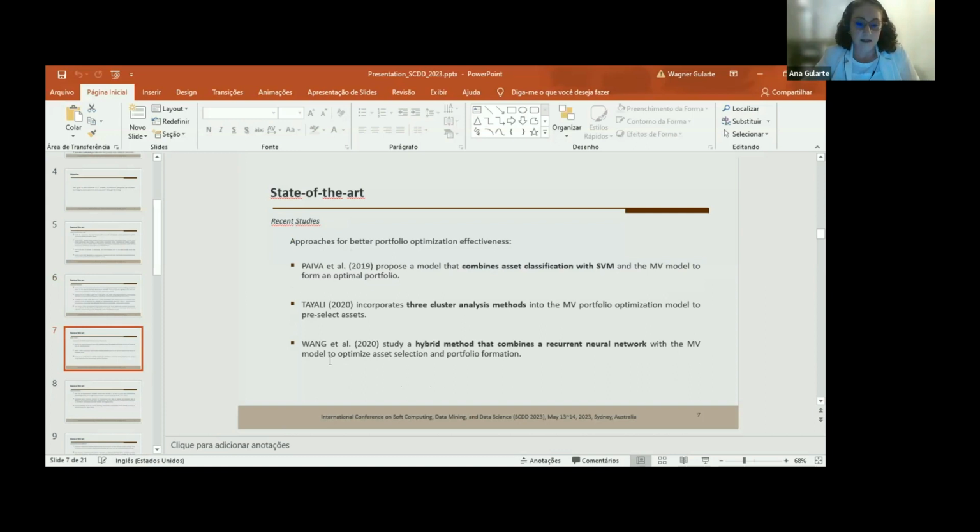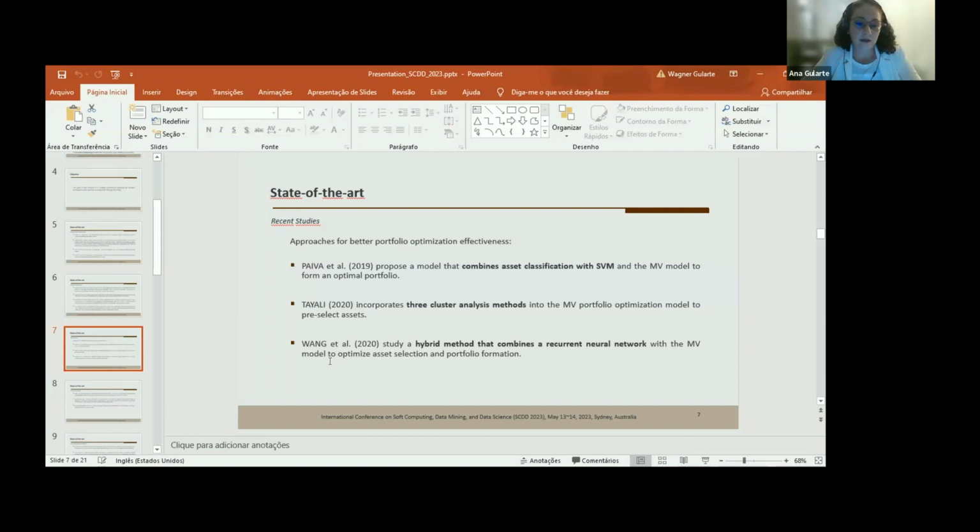Recent studies. These studies demonstrate that machine learning techniques in asset preselection can improve portfolio optimization and open new perspectives for finance research. Approaches for better portfolio optimization effectiveness. Paiva proposes a model that combines asset classification with SVM in the mean-variance model to form an optimal portfolio.